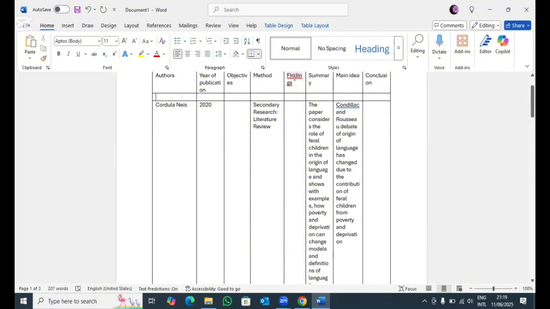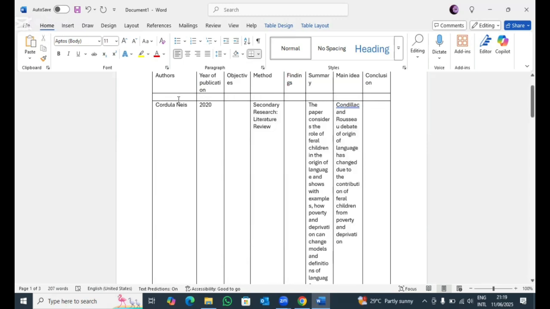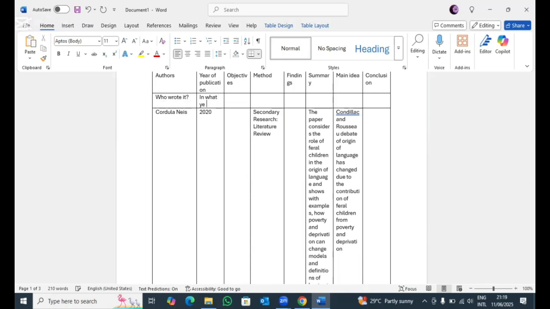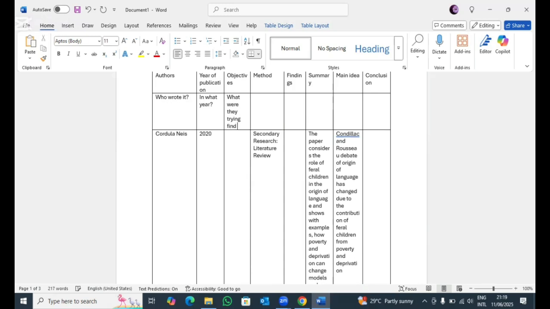Let me just explain what this means, so that in case you're taking a screenshot, you can have it covered. Who wrote it? These are questions you're asking. In what year? What were they trying to find out or achieve?